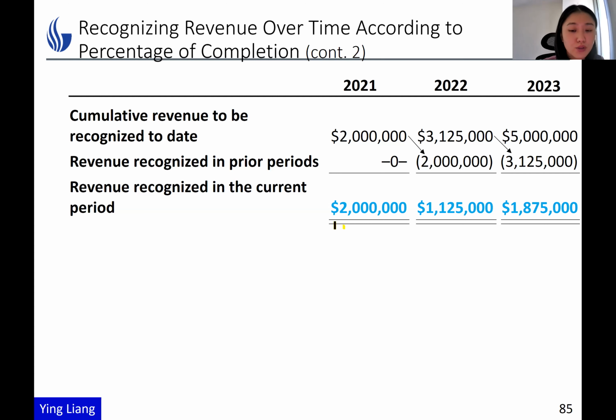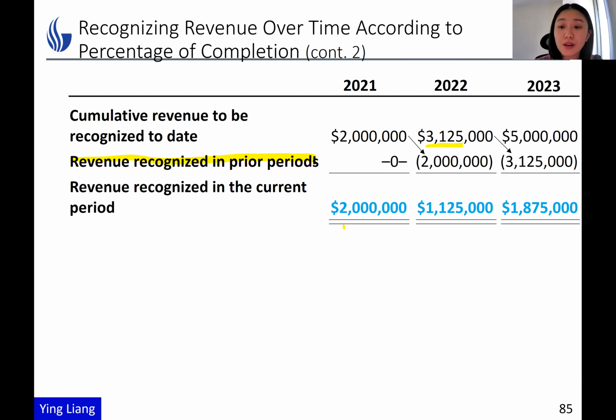So this is what we're going to do. 2021, we're going to recognize 2 million, no problem. 2022, we use the 3.125 we calculated, subtract the revenue recorded in the prior period, which is 2 million. And then we get 1.125. Sorry, that is just the revenue we recognize.